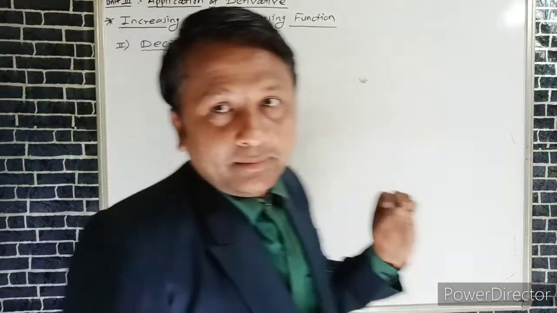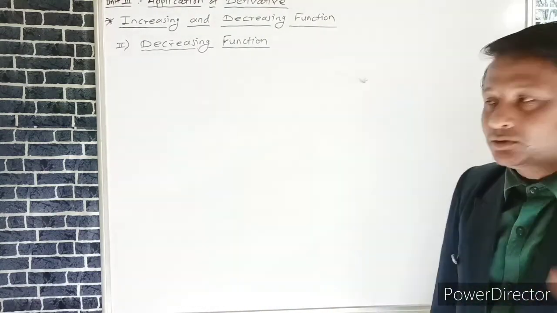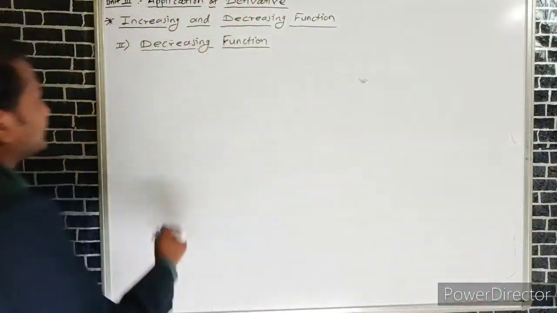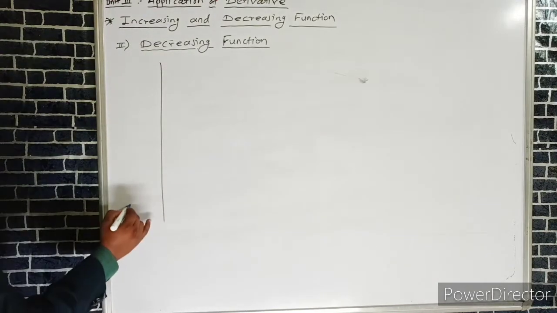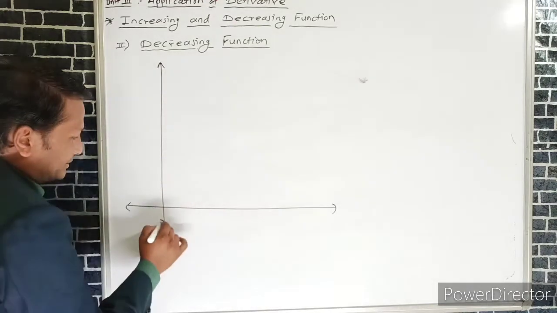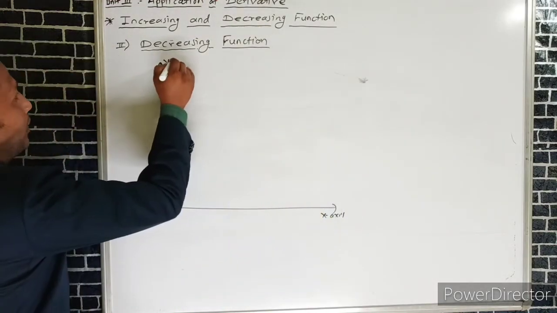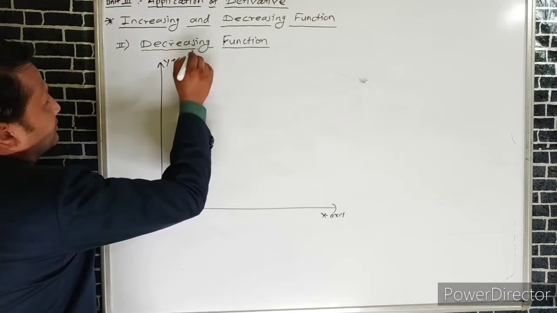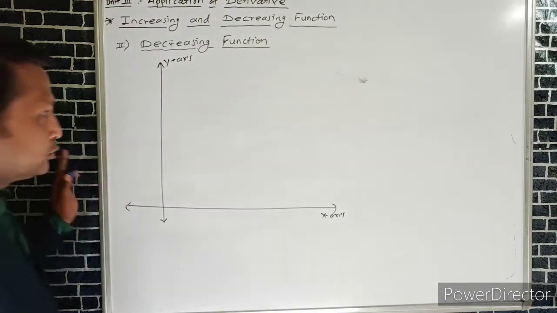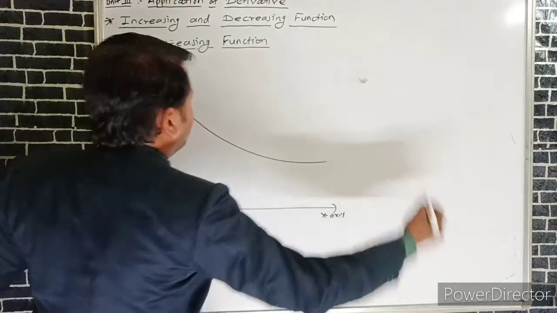Similarly, we can talk about a function which is decreasing at x equals a. On the coordinate axes, with the x-axis and the y-axis, let y equals f of x be any curve.